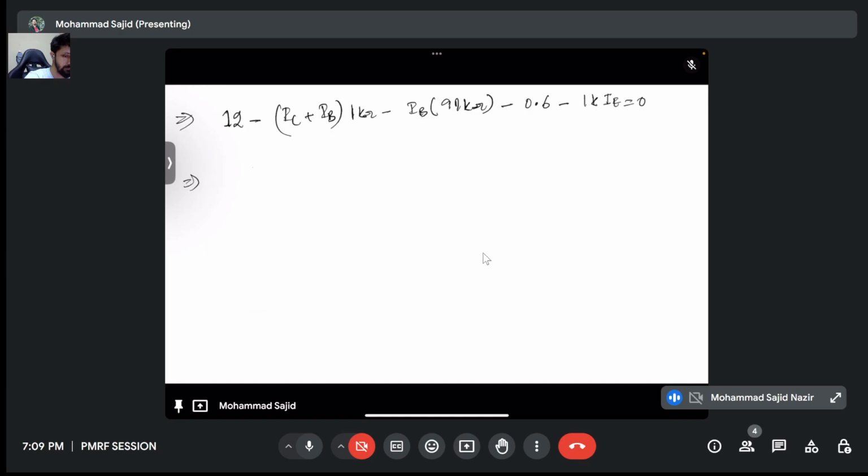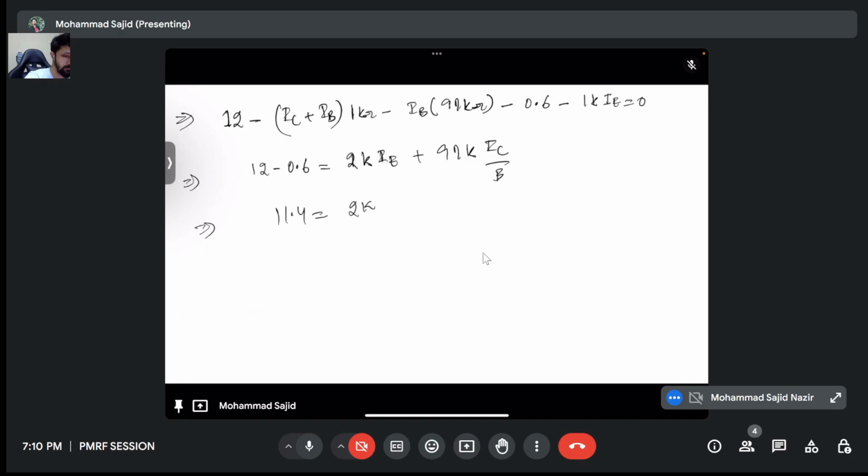So you can write 12 minus 0.6 is equal to 2K IE plus 97K IB, where IE is IC plus IB and IB is IC by beta. What we can do here is assume IE as IC.